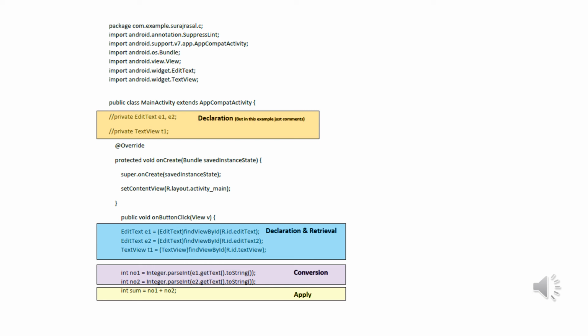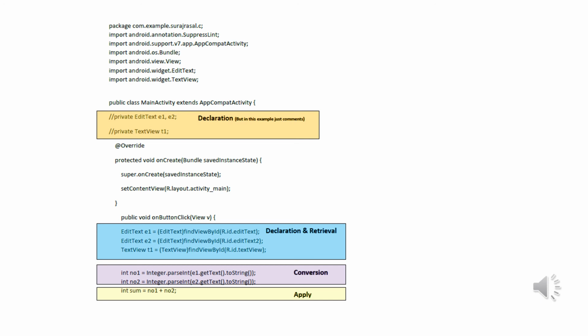This function includes, as I have mentioned, the key principles of Android application programming. The second step is the declaration and retrieval step. Within the declaration step itself the variables are declared as well as the retrieval step is also done.